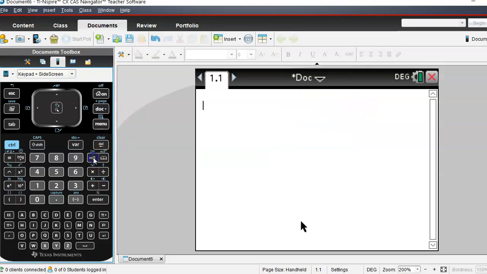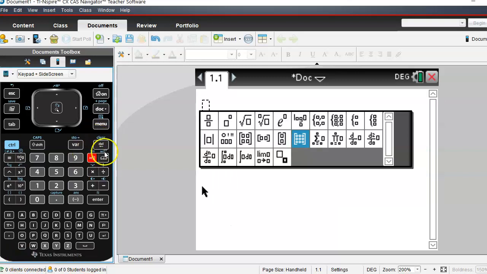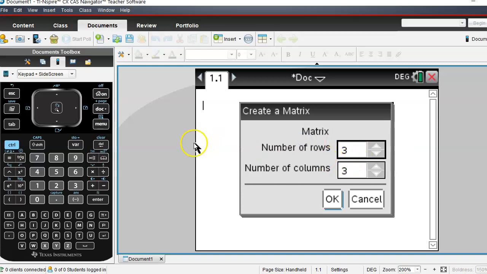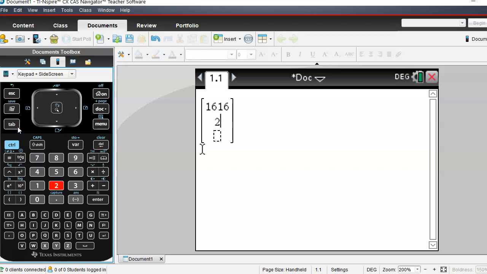Okay, so let's pop in A3, so that's 3 rows and 1 column. 1666, 2800, 2134.